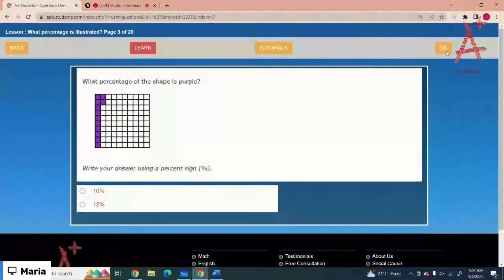What percentage of the shape is purple? So what percent is purple? 12%. Got it? Just a complete row and two of the blocks, so it would be 12%. Got it?